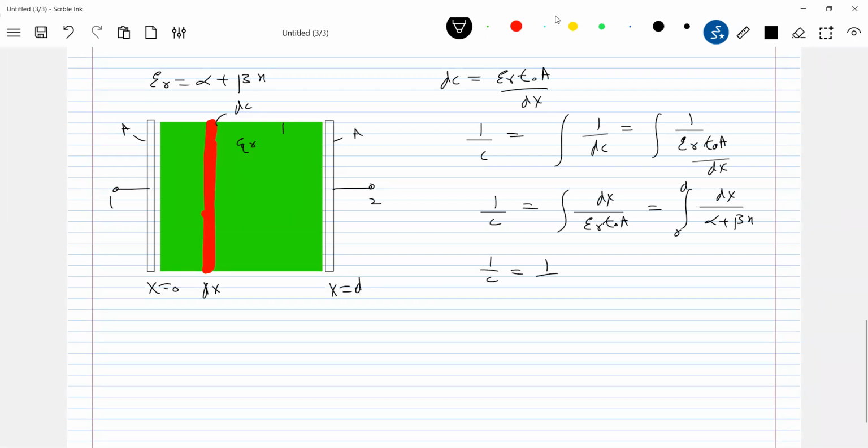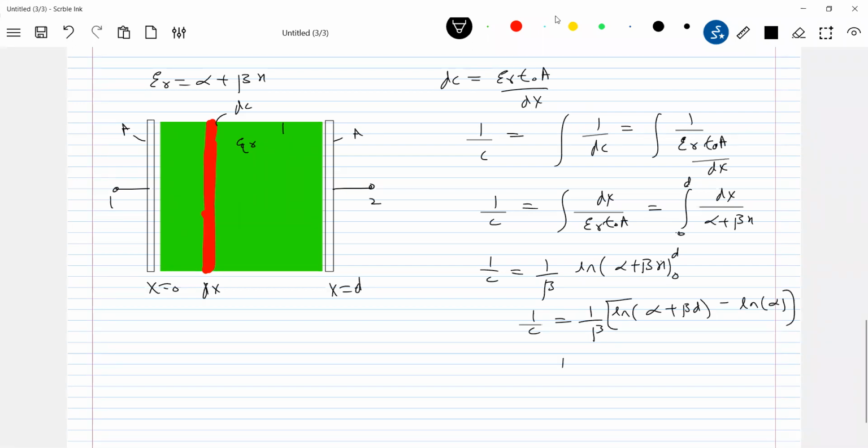So this should be 1 by beta, log of alpha plus beta x, from 0 to d. This can be asked in exam. It is there in the EDO, so there is a possibility of it being asked as it is also. Log of alpha plus beta d minus log of alpha.